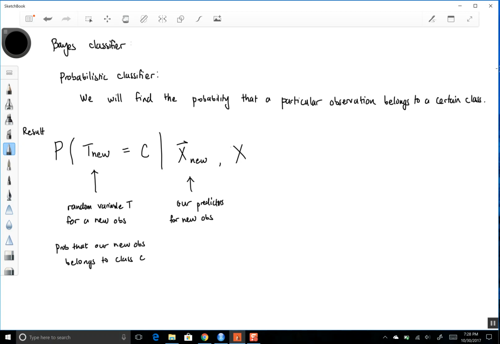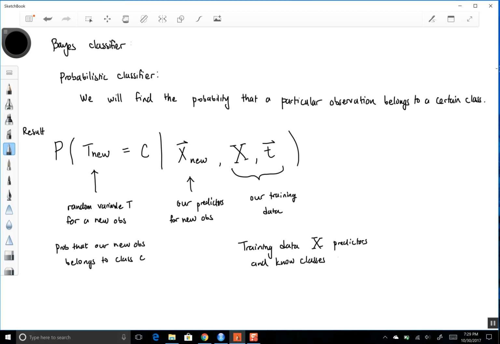And x, this here is our training data. Our training data has x predictors and known classes t.